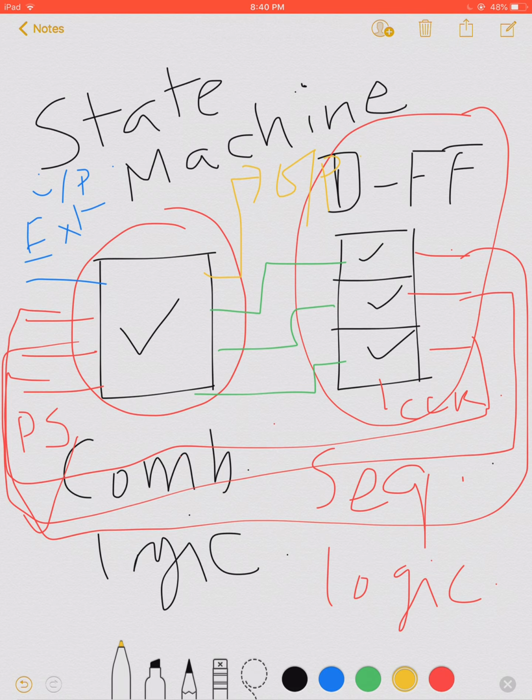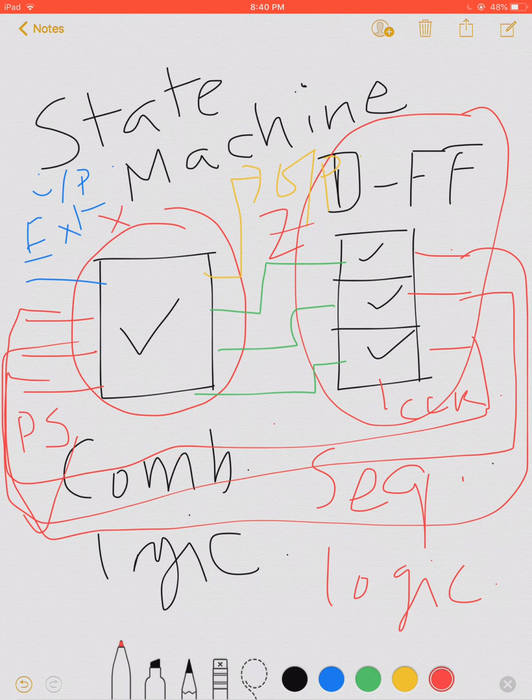We have seen in the counter there is no external output; the states are basically interpreted as output, right? So in general, suppose your state machine has an input X and an output Z.